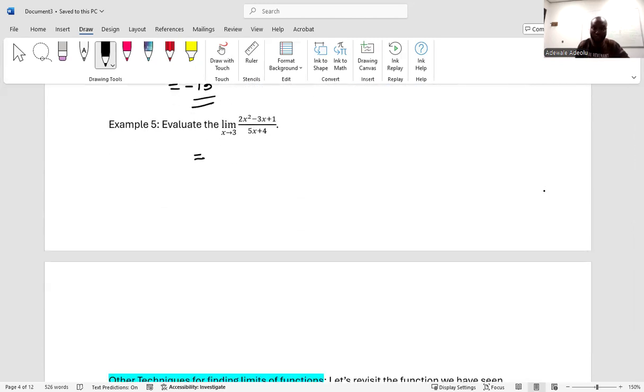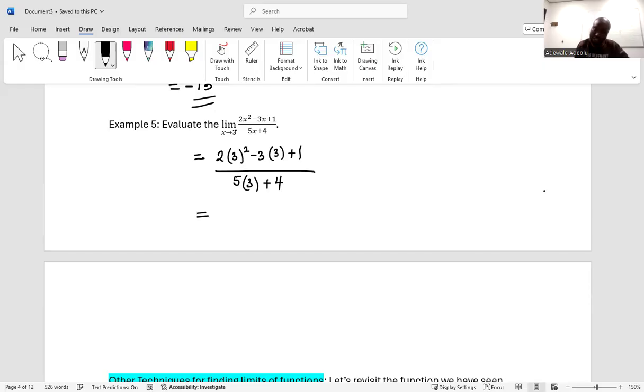So meaning that we just evaluate at 3. So that is 2 times 3 raised to power 2 minus 3 times 3 plus 1, divided by 5 times 3 plus 4.